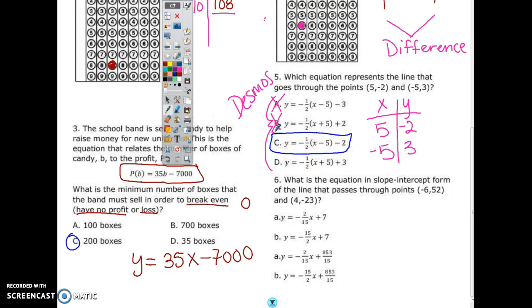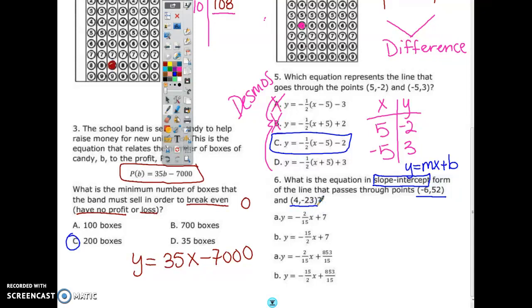C is your answer. Okay, so number 6 says we want an equation in slope-intercept form. You remember what slope-intercept form is? It's y equals mx plus b. Okay, so we want to find an equation like this that passes through the points (-6, 52) and (4, -23).